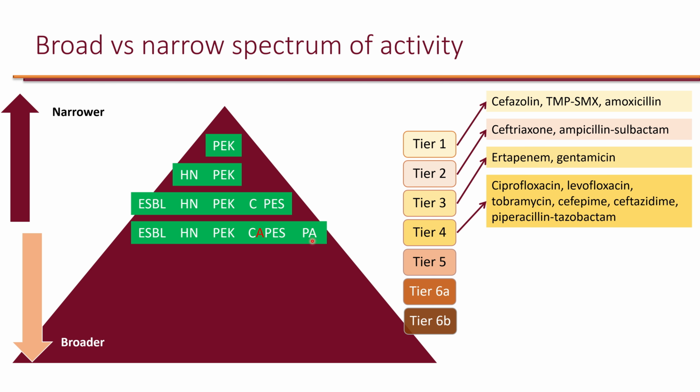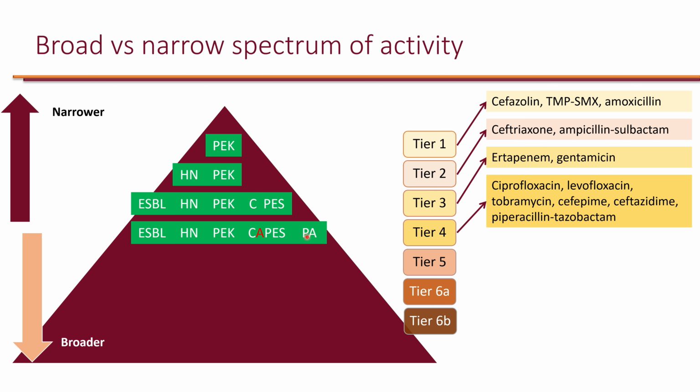So if you are not suspecting Pseudomonas when you're treating an infection empirically, we shouldn't use an agent that's active against Pseudomonas when we have multiple options. This is literally the beginning of broad spectrum, and these are drugs that are pretty much active against wild type Pseudomonas aeruginosa. Ciprofloxacin, levofloxacin, tobramycin, cefepime, ceftazidime, and piperacillin-tazobactam are the most common ones.